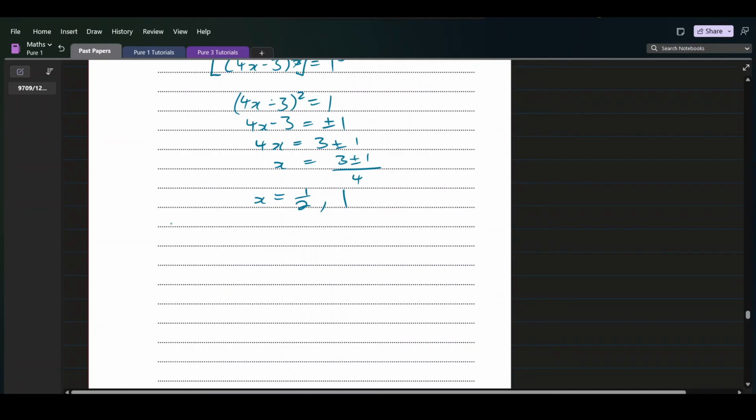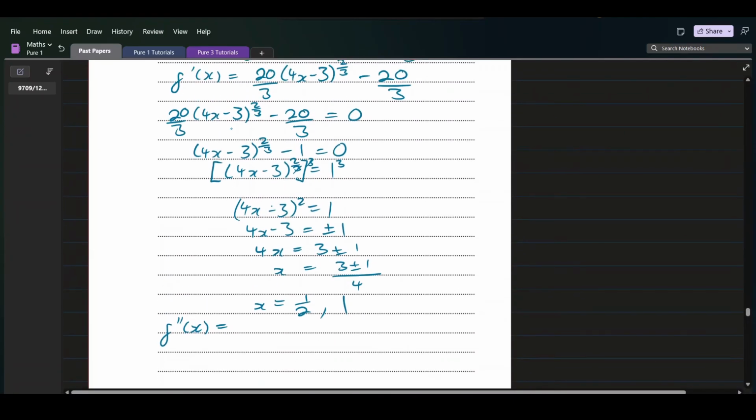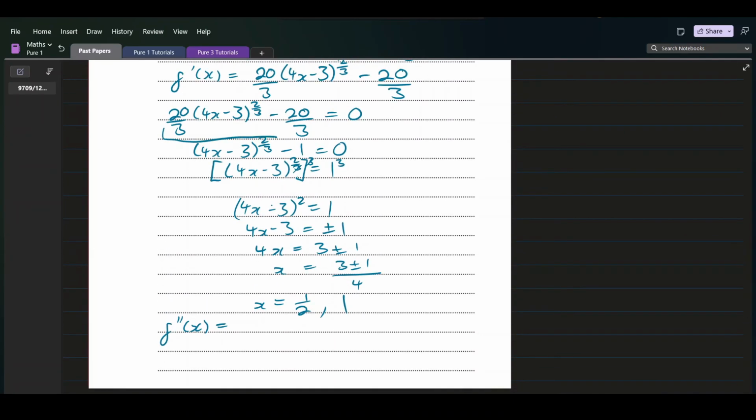So that means we have to find our second derivative, f prime prime of x. Here's our first derivative.